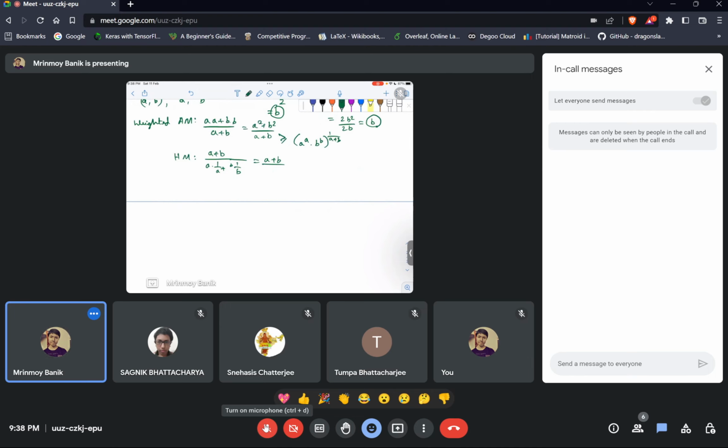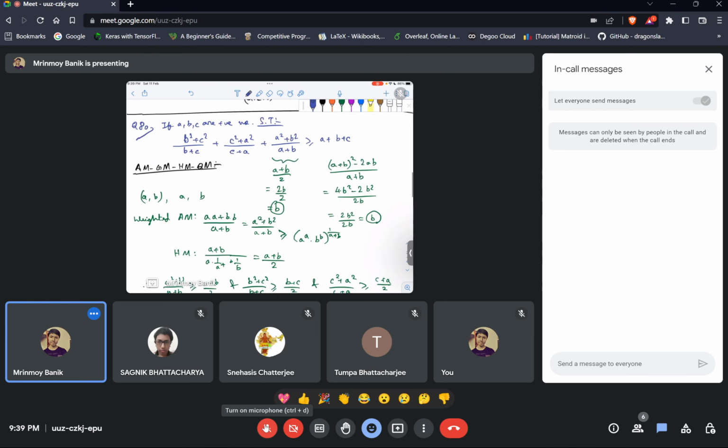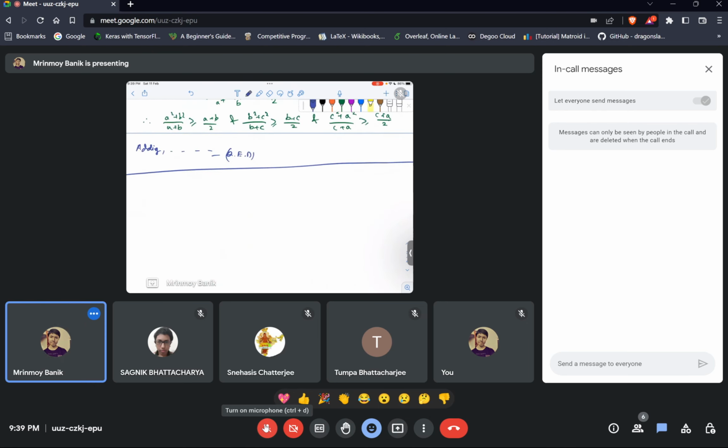Therefore, (a squared plus b squared) by (a plus b) is greater than (a plus b) by 2, and (b squared plus c squared) by (b plus c) is greater than (b plus c) by 2, and (c squared plus a squared) by (c plus a) is greater than (c plus a) by 2. Adding those all up, we get the required result. So that was easy too. Next.